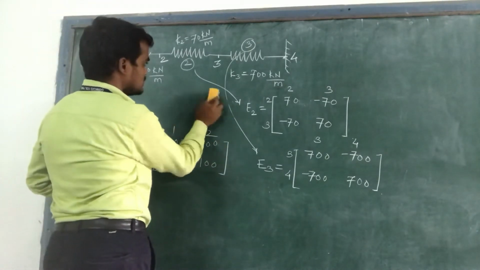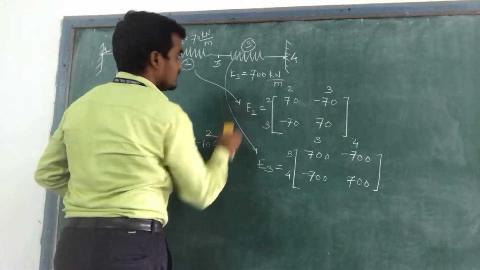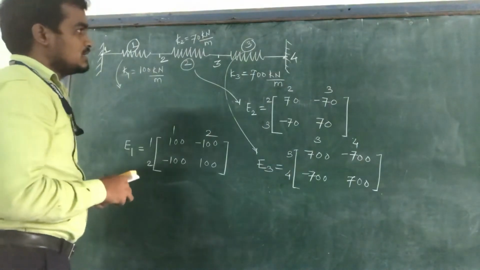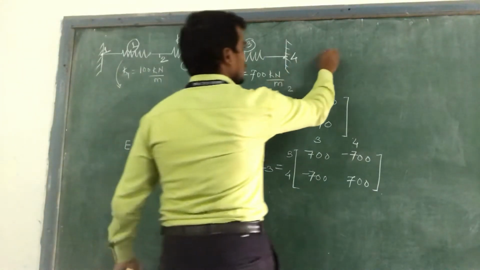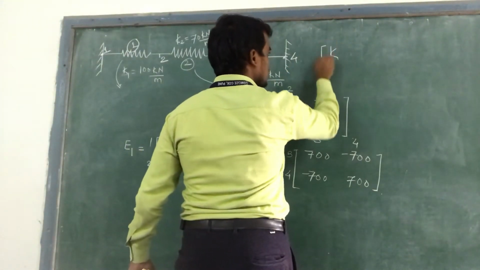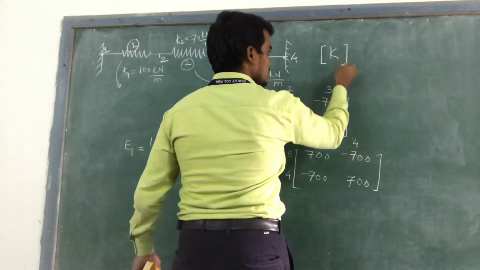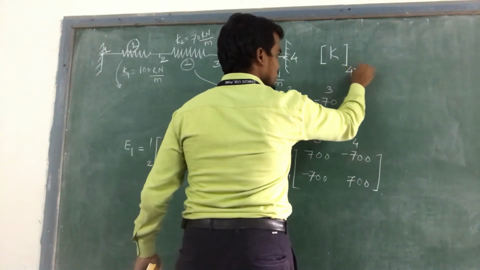How to construct the global stiffness matrix? Actually, the order of the global stiffness matrix K is nothing but 4 by 4.